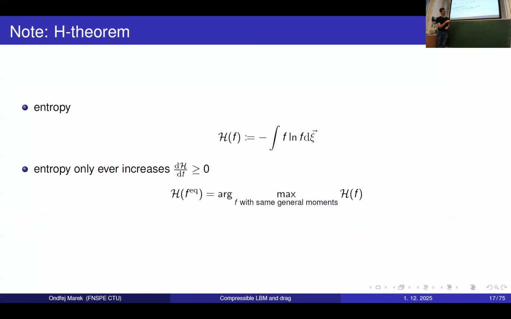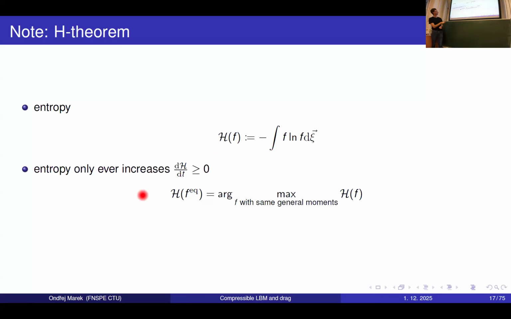And what we also need to know is that because the universe is moving in one direction, the entropy is always increasing. Then if we write the entropy in the continuous case as the distribution times the logarithm of the distribution over the whole microscopic velocity space, it needs to increase in this form.